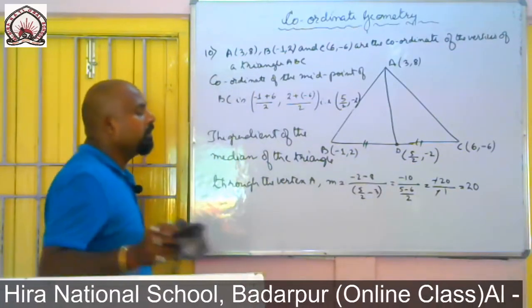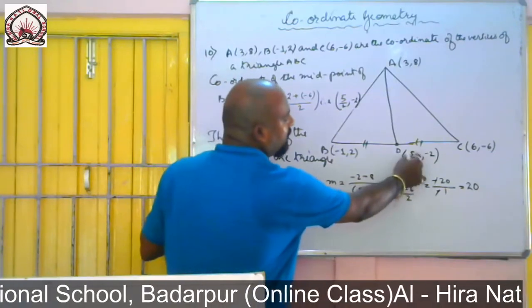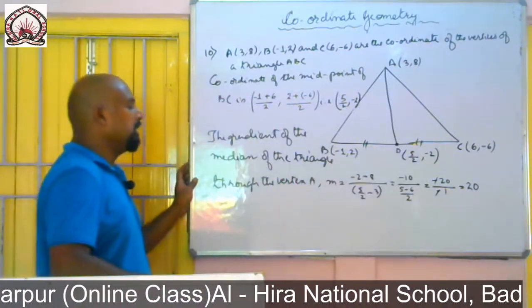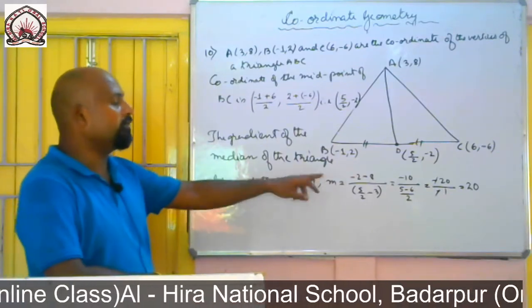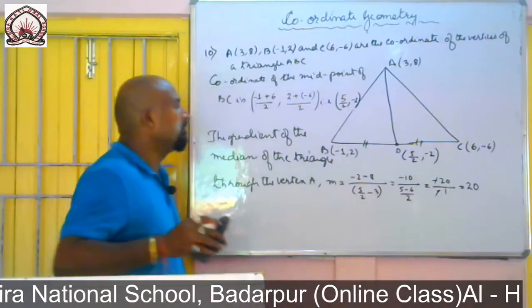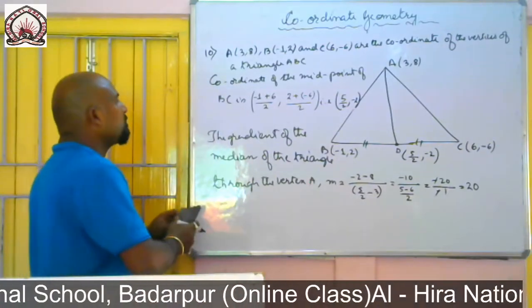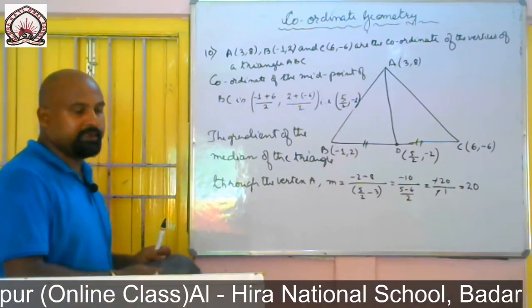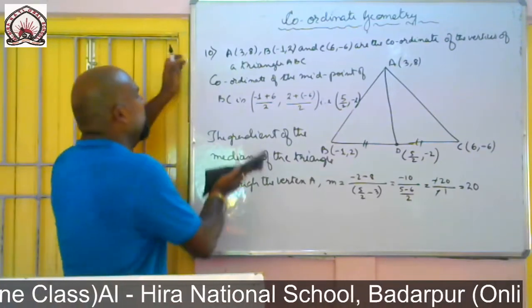Using the midpoint formula, we found the coordinates of the point D. Then applying the gradient formula, we found the value equal to 20. Then the last numerical of the exercise 9.3.